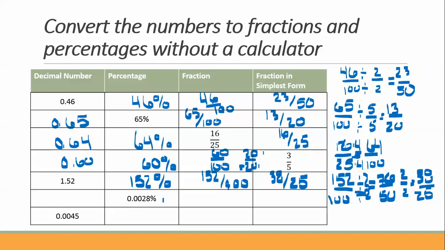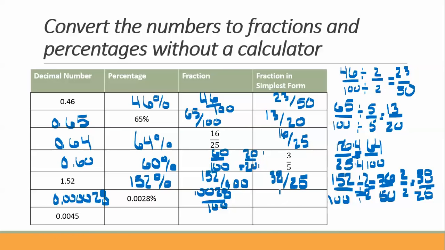Notice for all of these, we went back and forth here, so let's try this. This isn't a very nice way to write a fraction, but it'll help when we figure out what we want to do. So we have 0.0028 divided by 100. Remember when we had a number divided by something, we moved the decimal to the left. So that means we're going to have 0.000028 for our decimal number.